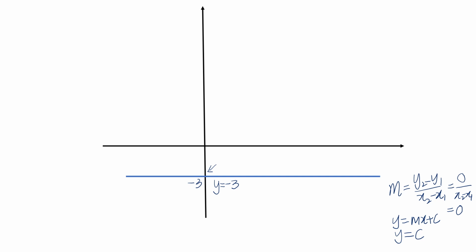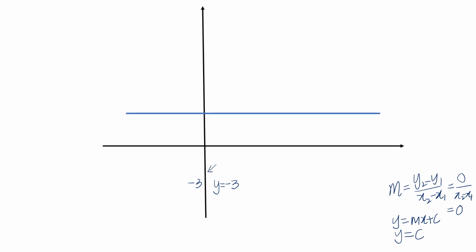So your line y equals to -3 can move along the y-axis, and the equation will just be y equals to the value on the y-axis. And supposing this value here is 4, then the equation of this straight line will just be y equals to 4.